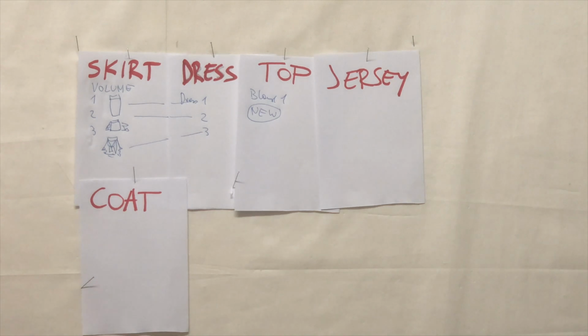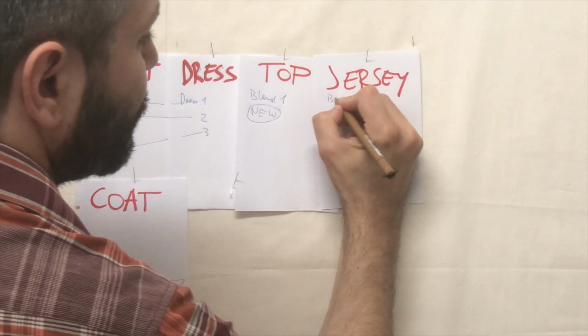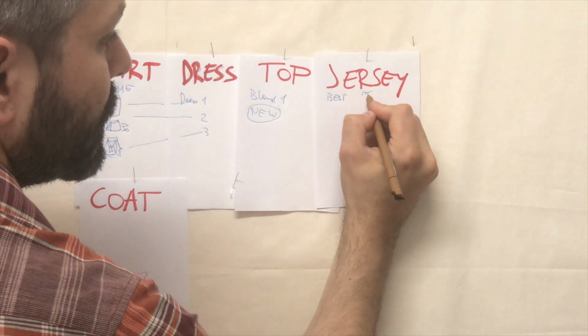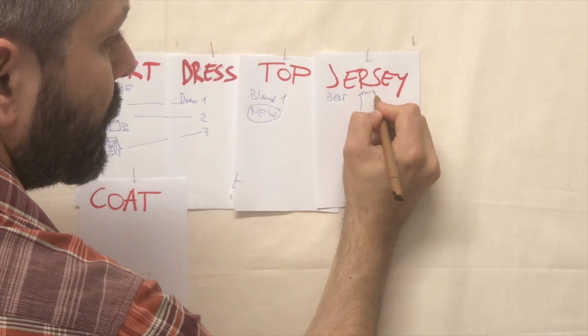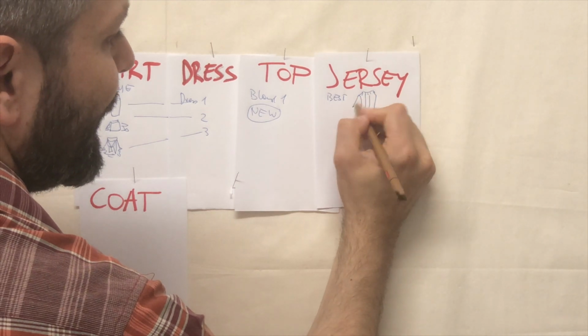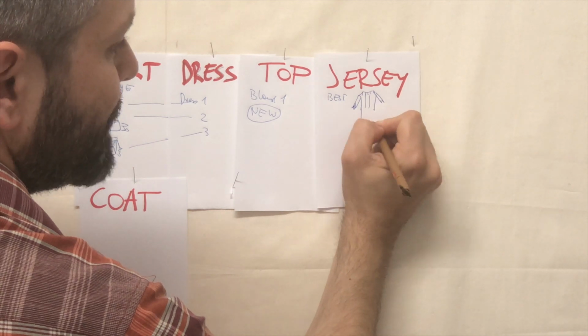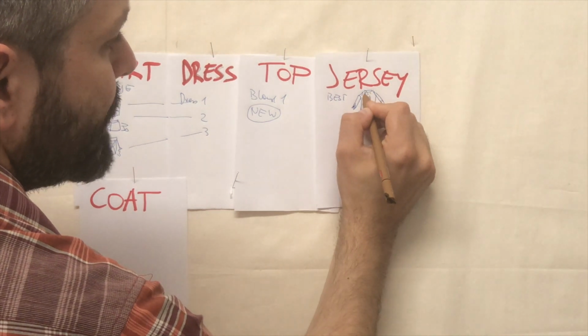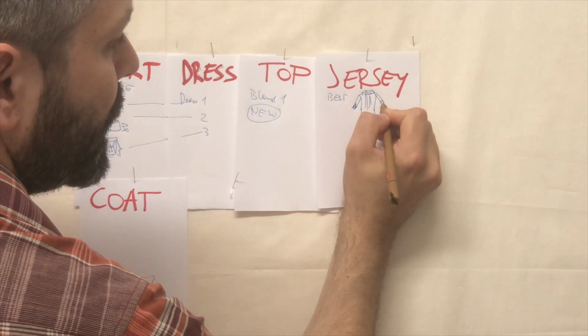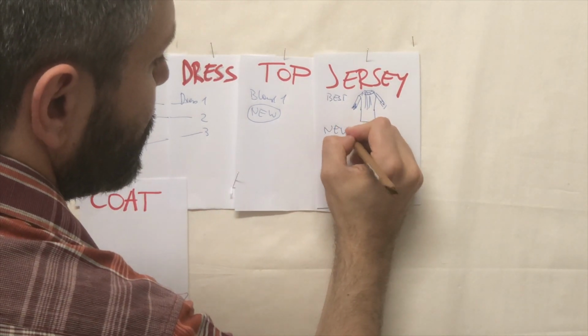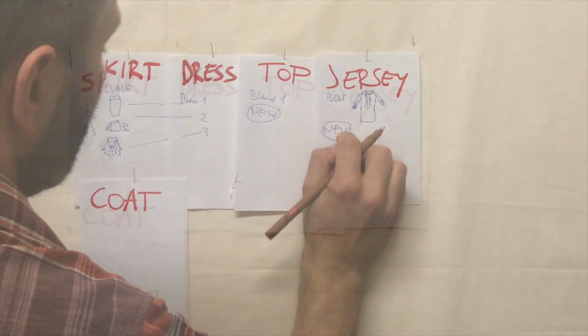In jerseys, we will have our bestseller, which looks like this. It's a dress basically with pleats on the collar and on the sleeves, and maybe we will have a new one here.